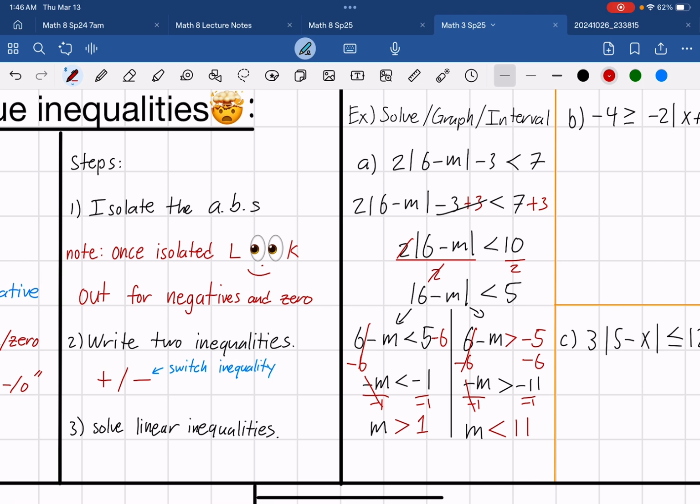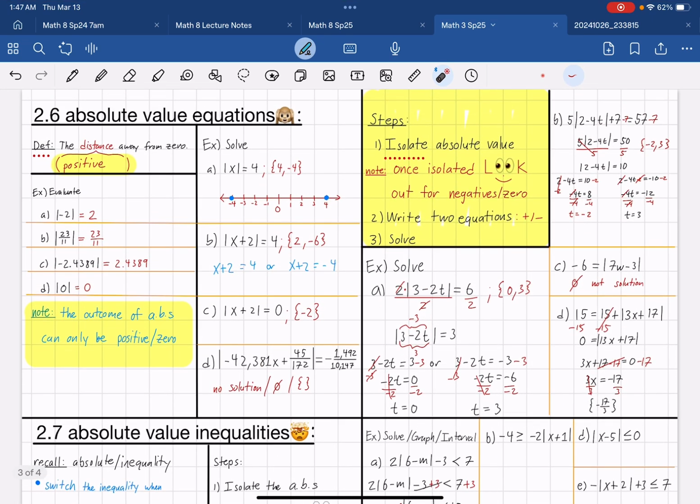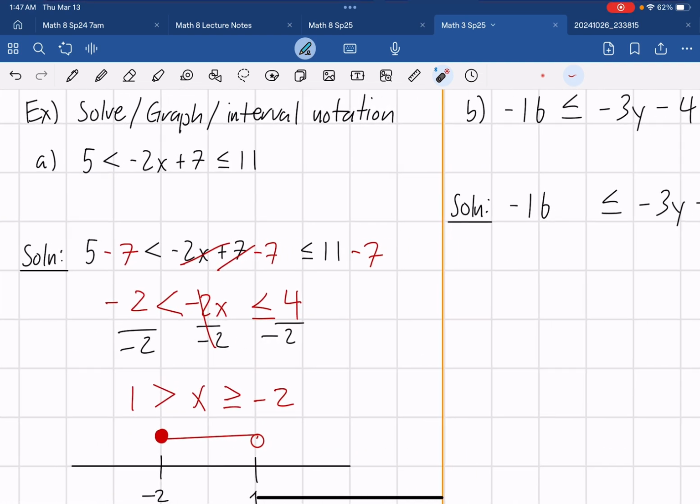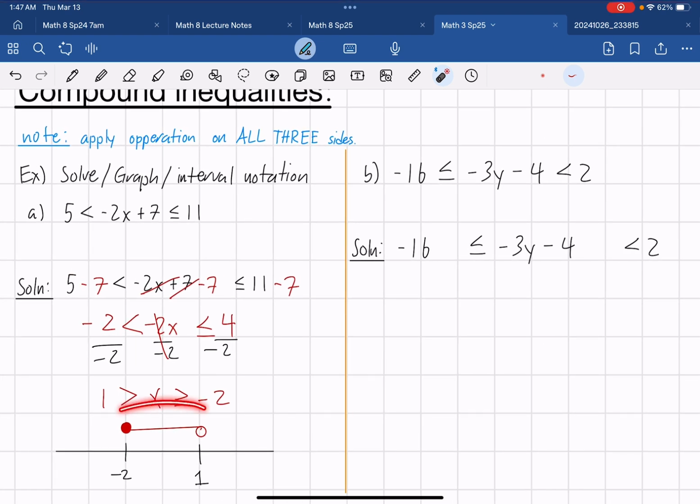Now, I have to graph this solution. If you read the book or if you see videos on this, normally you're taught to memorize. Once absolute value is isolated, you know what type of solution you're going to get. You might get a solution that's similar to a compound inequality, which is these that we did. Compound inequalities are when your solutions are in between.